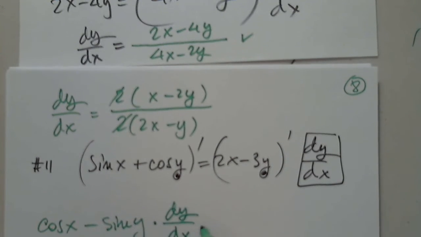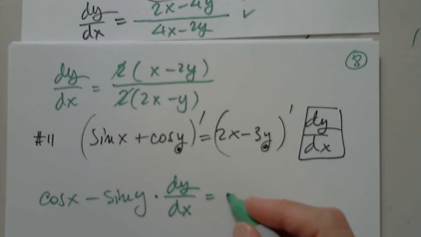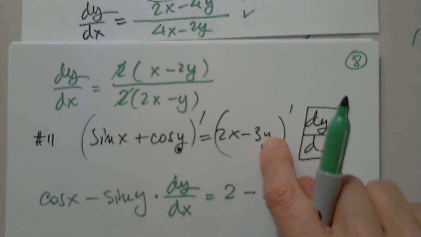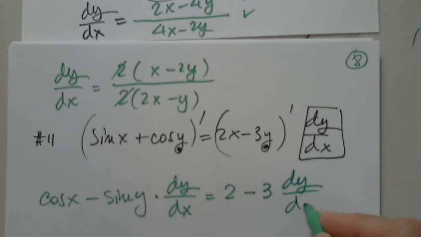Excellent. Equals 2x prime over 2, minus 3 times the inner function prime, dy over dx. Thank you very much.